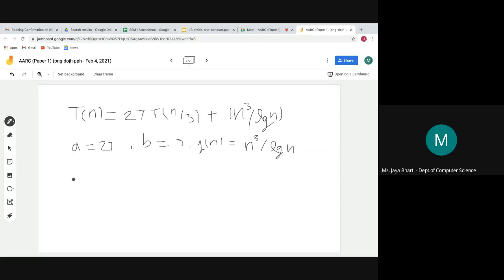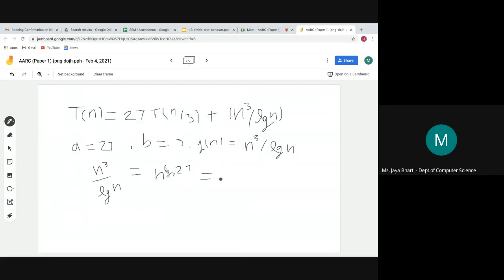Now you need to compare this with n to the power log 27 base 3.